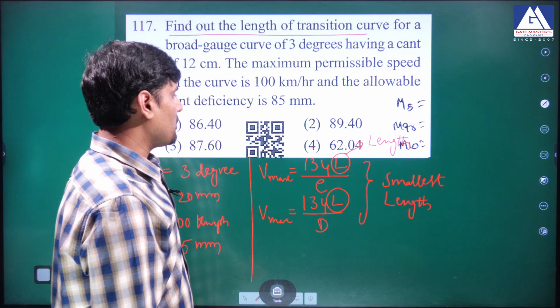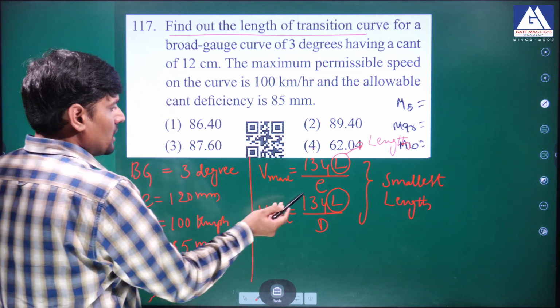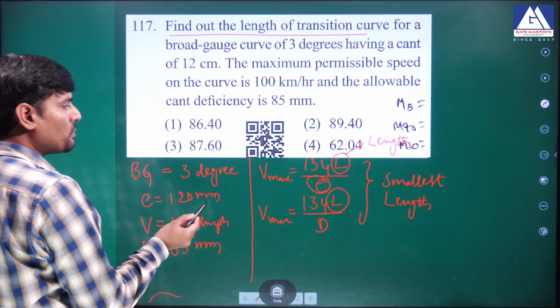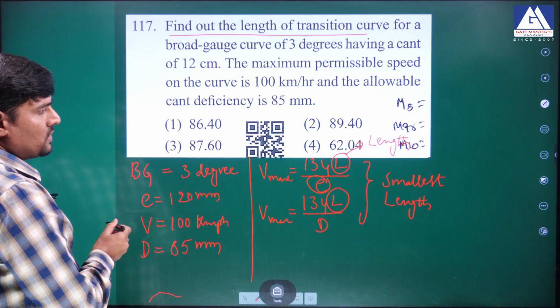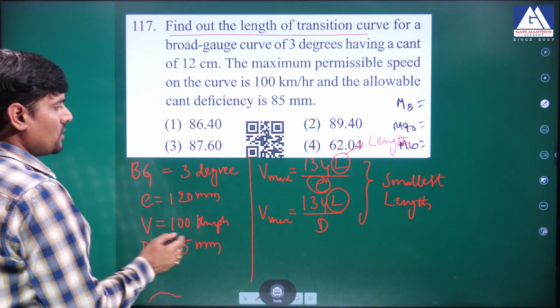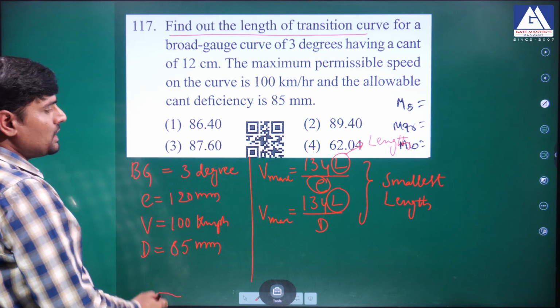So see here, E is larger, that means 120, and D is smaller, that means 85 only.